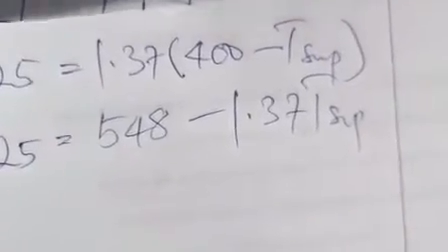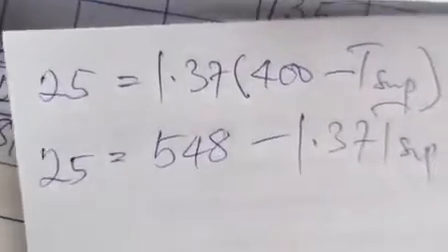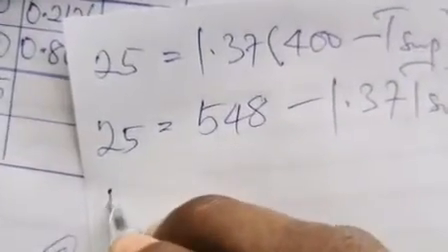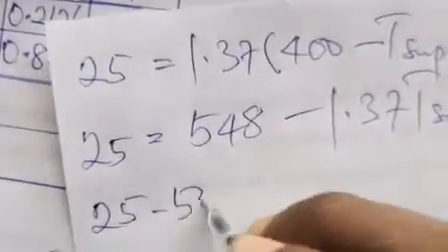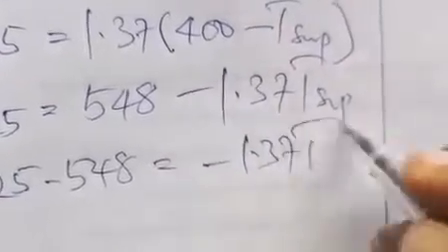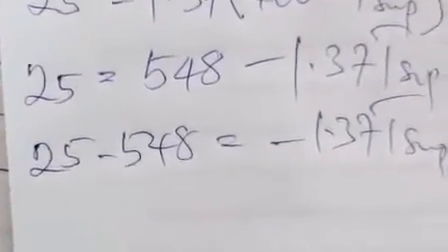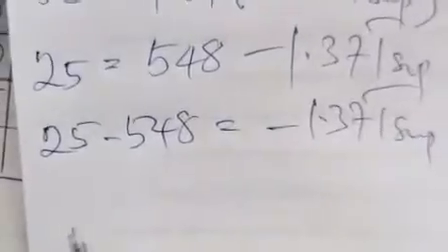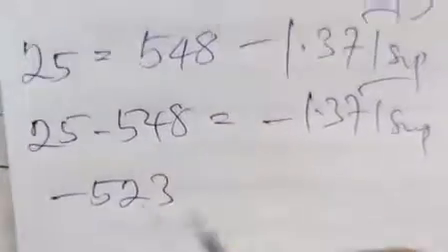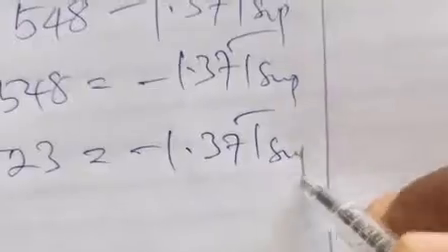Let's send 548 over here. Now we have 25 minus 548 equal to minus 1.37 T superheated. So 25 minus 548 gives us minus 523, equal to minus 1.37 T superheated.